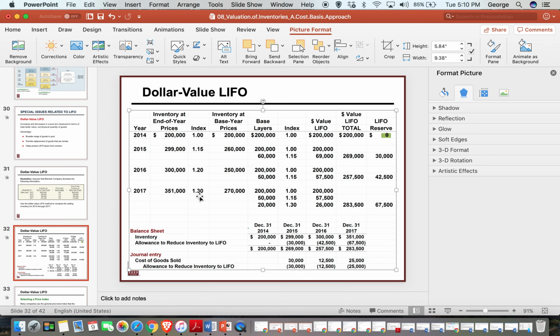It has 3 different levels. At 1.13 we have 20,000 left. It hasn't been a good year for sales, I guess. We haven't sold anything in the 50 or the 200, but we have burned most of the 1.13 level, leaving the 270 at base year prices.